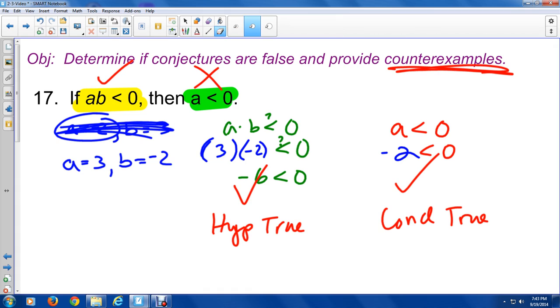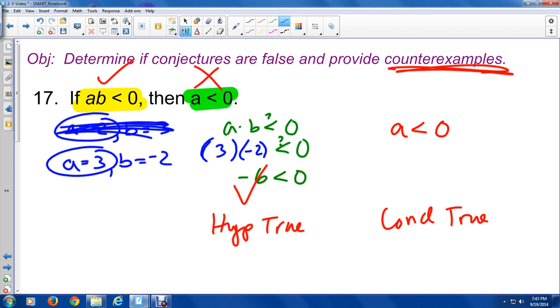When I get to my conclusion, my A is no longer negative 2. Now my A is 3. So I'm going to put a 3 in there for my A. Is 3 less than 0? That's my question. 3 less than 0.